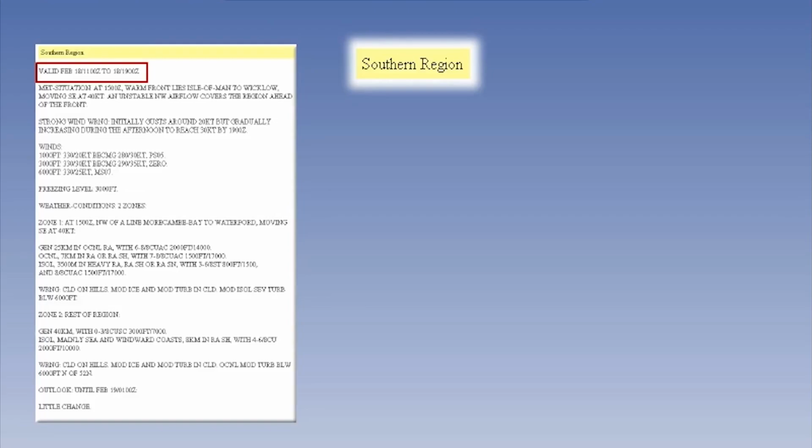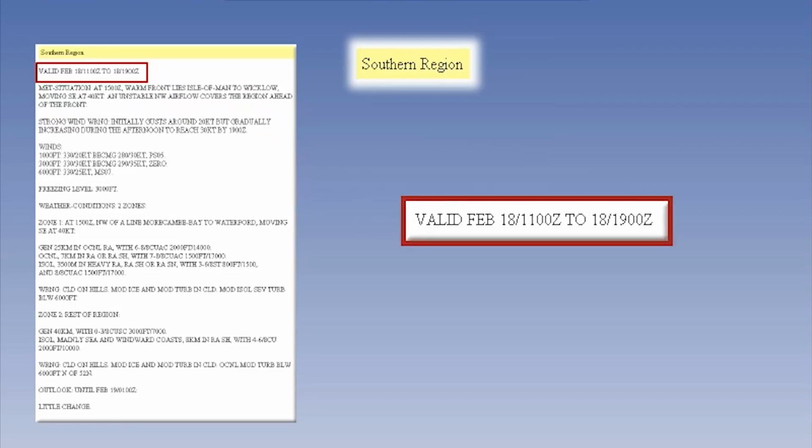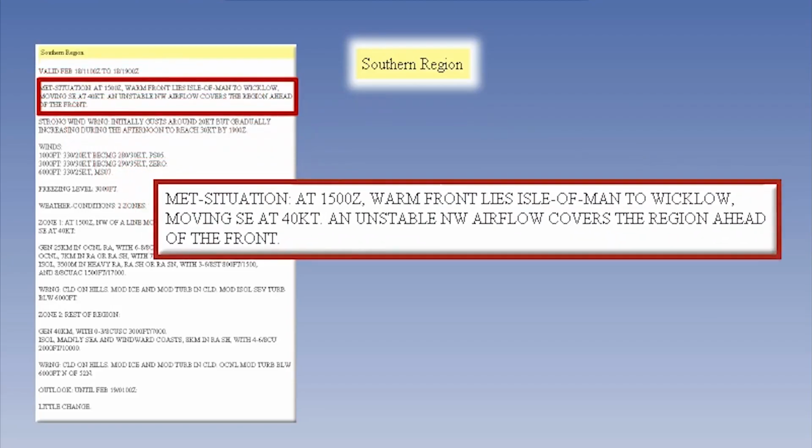The first line of our Airmet is a description of when the forecast is valid. In our example, the product is valid from 1100 to 1900 UTC on the 18th of the month. The next section of text is a short description of the meteorological situation which will affect the area of the forecast.